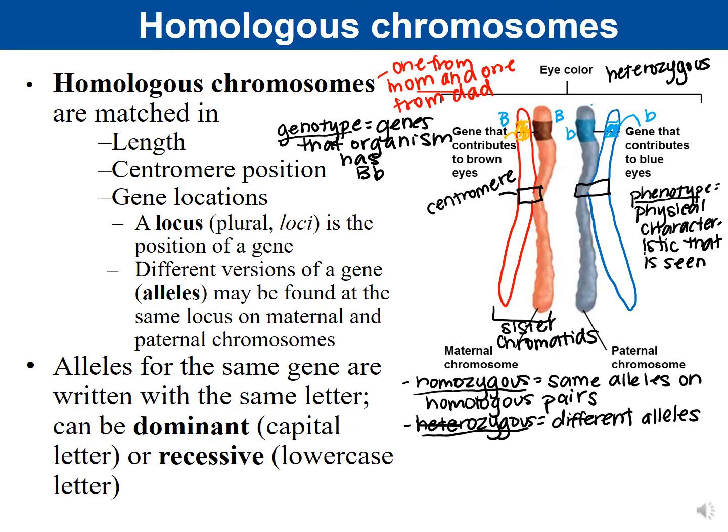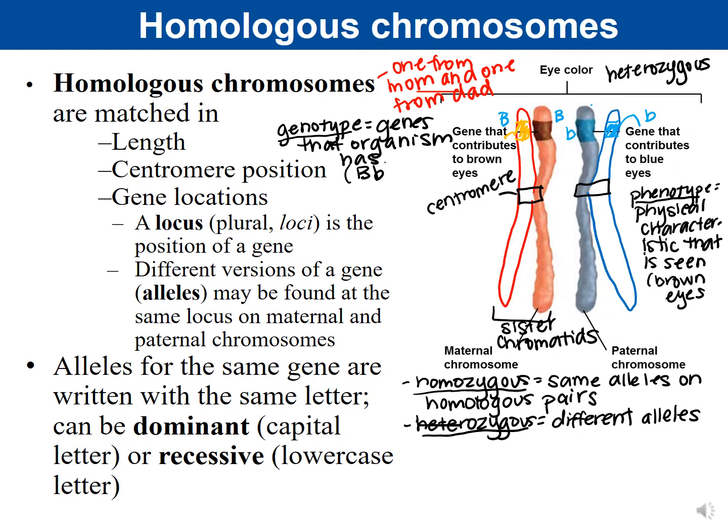So meaning it's the physical consequence of having a particular genotype. So what that means is that in this case, the genotype is big B, little b. That's the genes that it has. Its phenotype is going to be what actual eye color that gives. So in this case, a brown-eyed gene and a blue-eyed gene, the phenotype is going to be brown eyes.